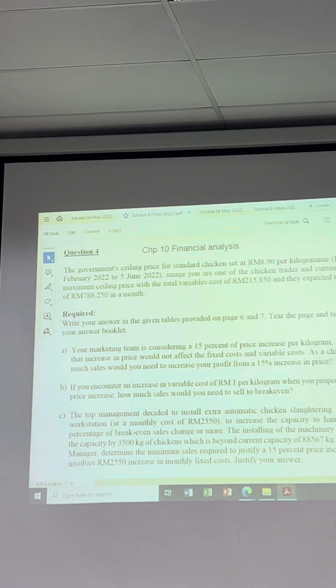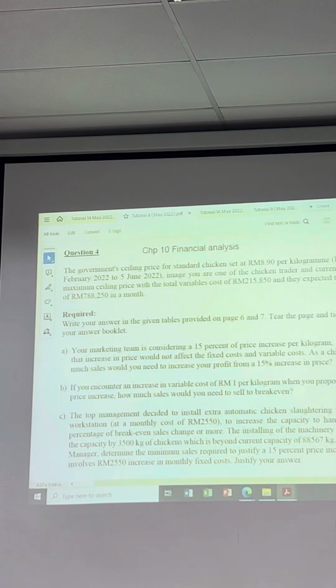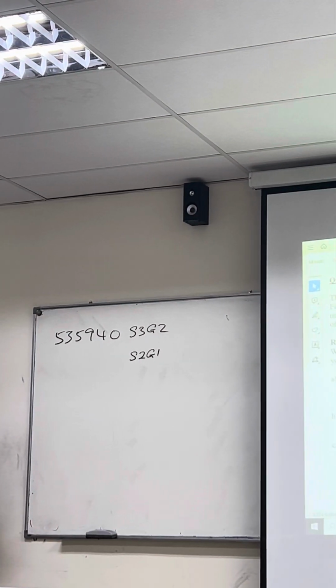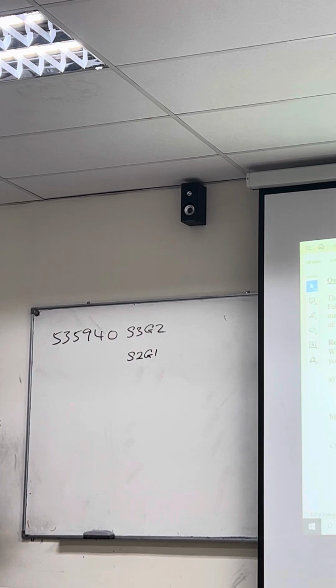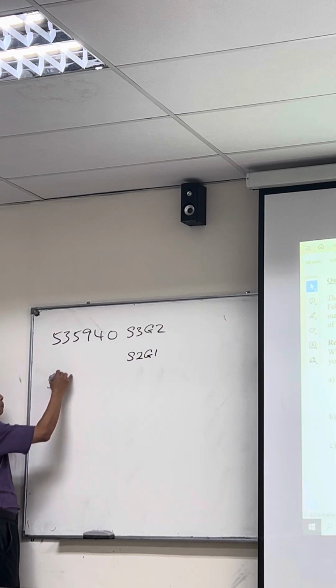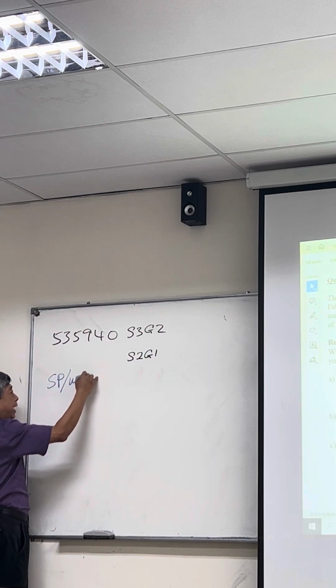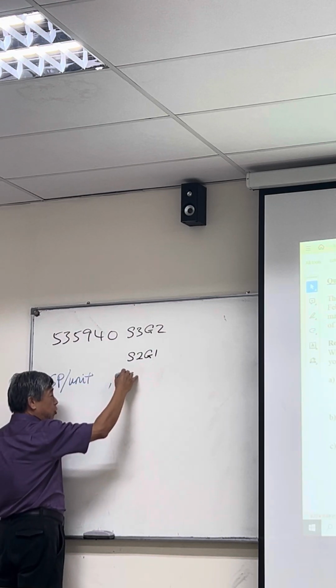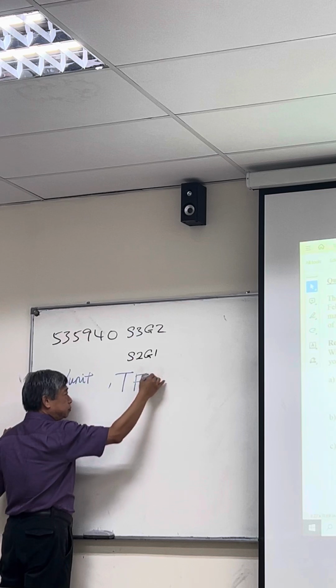What is the missing information? What are the 4 information you need? Selling price per unit, right? Selling price per unit. What else do you need? Total fixed cost.